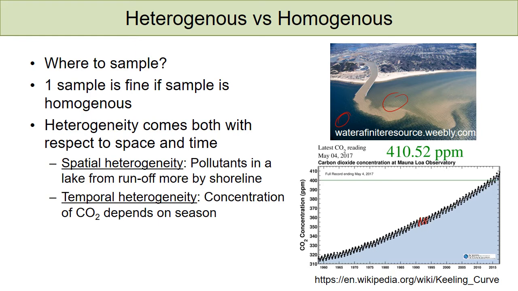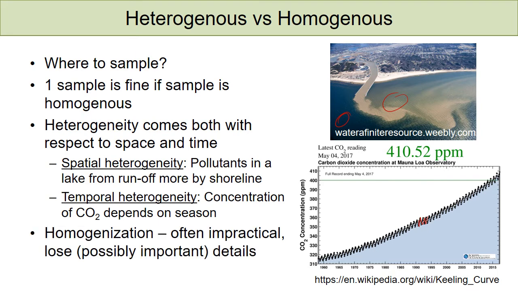So in the spring and summer, plants are using CO2 for photosynthesis. That's great. The CO2 concentration will decrease. And during the winter, when those plants are decomposing and not photosynthesizing, it'll increase again. That's why you get this variation within an annual cycle. And there's all sorts of temporal heterogeneity. Blood glucose levels are going to change if you've just eaten a meal or not, for example. So we have to consider these.